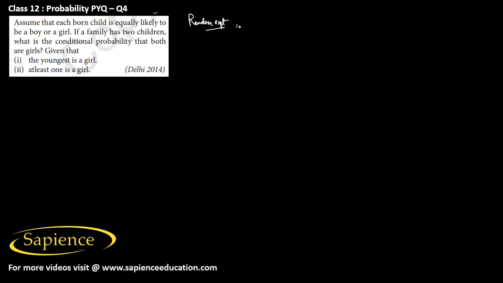So then the sample space of this experiment will be that either both are girls, meaning the first child is a girl and the second child is a girl, or I can have that the first child is a girl and the second child is a boy, and I can say that the first child is a boy and the second child is a girl, and we can say that the first child is a boy and the second child is also a boy.